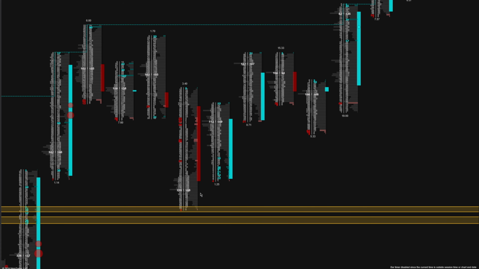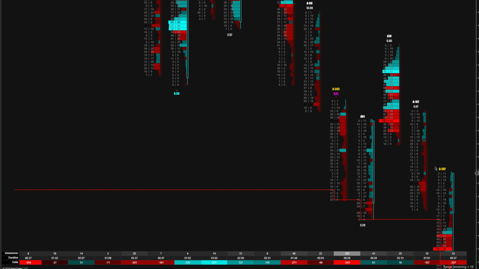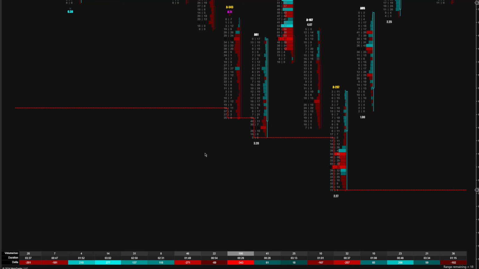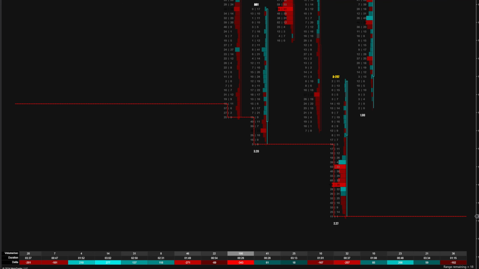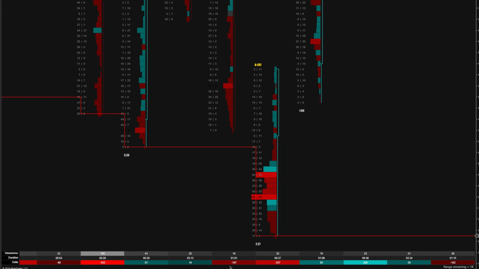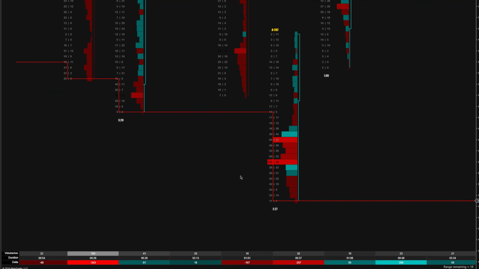Who knows? I'd have to watch it real time to see if there was a large participant. Sometimes my indicator that I use to watch for large participants on the 5-minute doesn't always mark them out. Let me actually show you real quick. In order to find a large participant in the markets without that indicator, we'll use this example right here, 128 contracts.